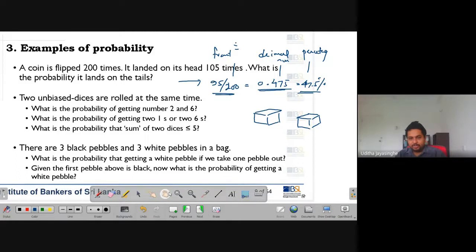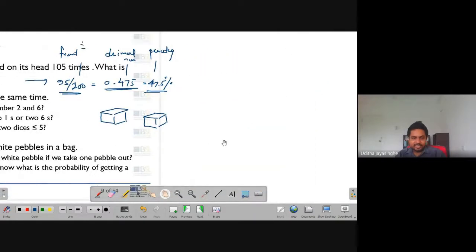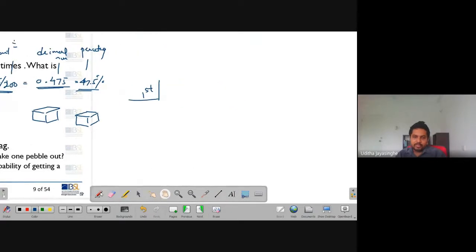Okay, to make things interesting, let me try something like this. If I take the first dice, my outcomes are simply 1, 2, 3, 4, 5 and 6. What about my second dice?